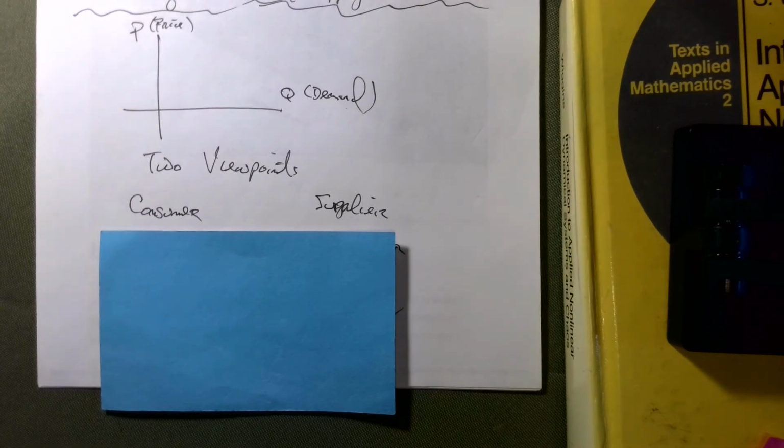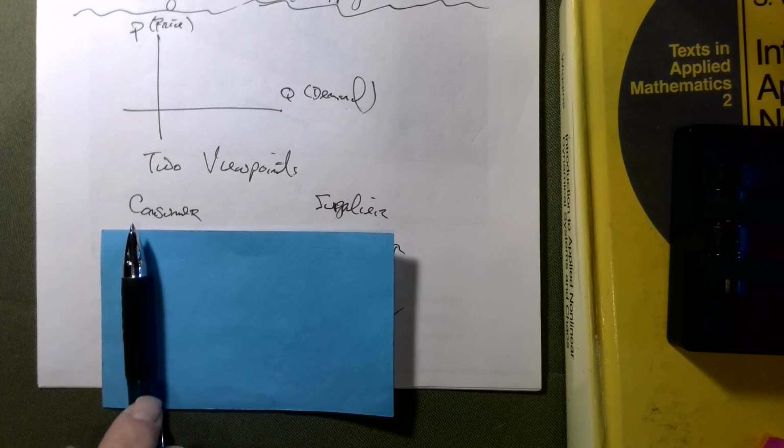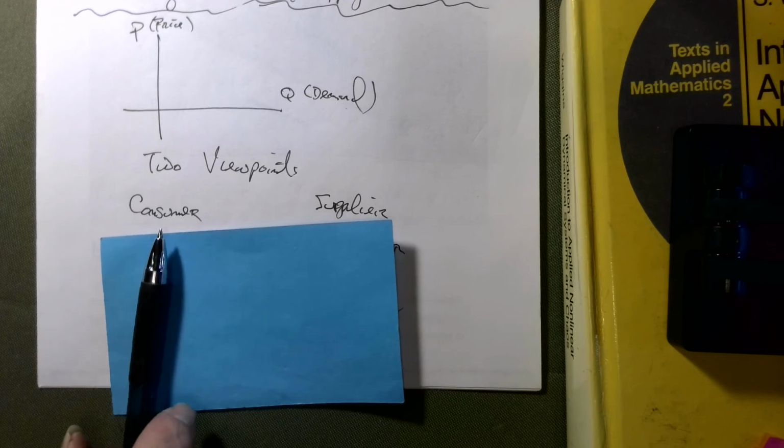Okay, so let's say that I'm collecting DVDs, and I only have a fixed amount I can spend every month. This is from the consumer's point of view. Now, if the price of the DVDs goes up, then you're probably going to buy less.